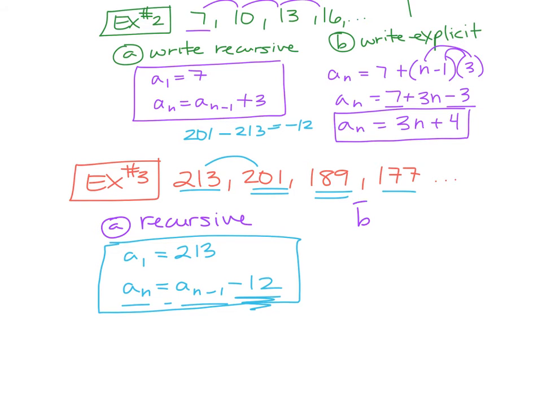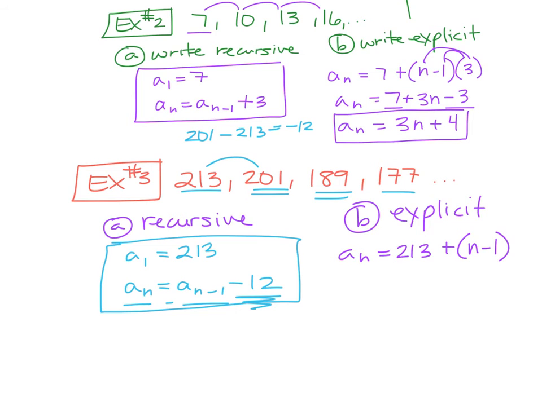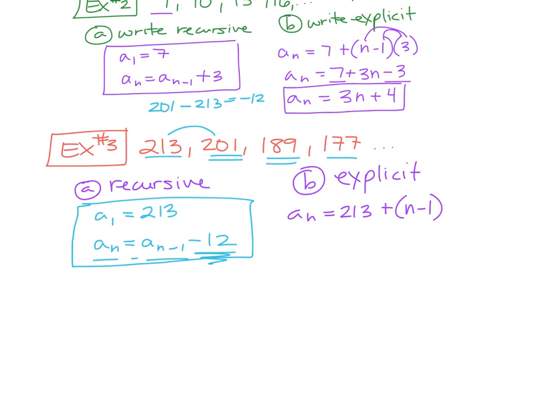All right. How about explicit? A sub n equals the first term, 213, plus, this will always be n minus 1, then what? Times negative 12, right? Not minus 12, but multiplying by negative 12. Okay, so that's our setup.